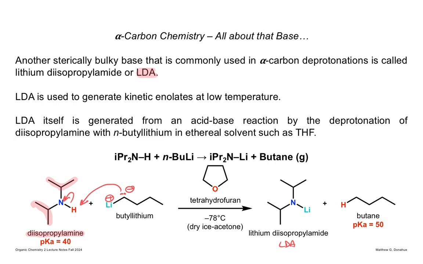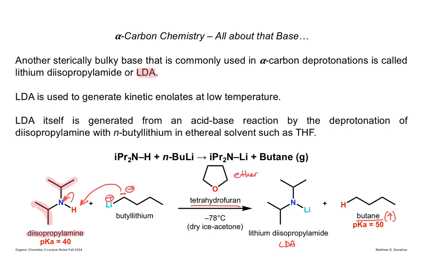And then the conjugate acid is butane, which is a gas, and that will just bubble out of the solution. Because these bases are so strong, notice the solvent now. The solvent is an ether, and all of the hydrogens in that have a pK of about 50. So there should be no interactions with that solvent going on.